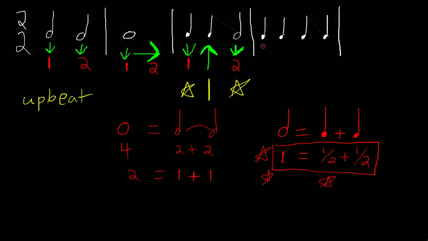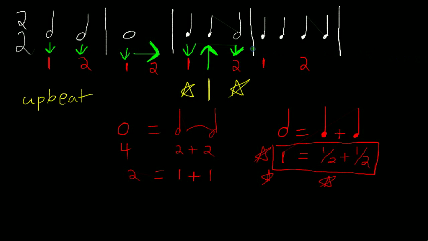Beat 1 happens on this quarter note, and if we remember, a half note is equal to 2 quarter notes added together, so we have 2 quarter notes per metronome click. Beat 2 goes on the third quarter note. Write that down: 2 happens there.